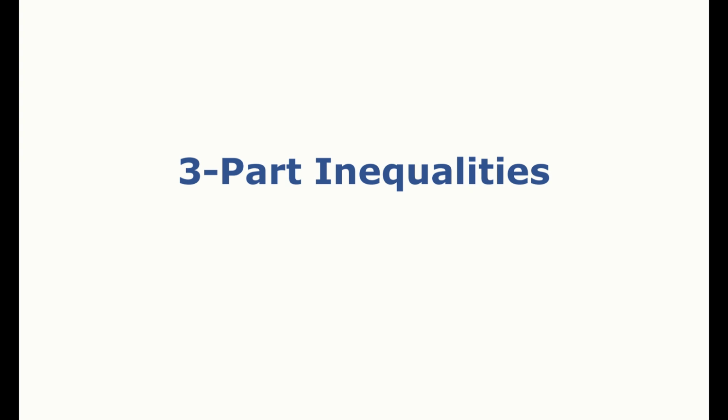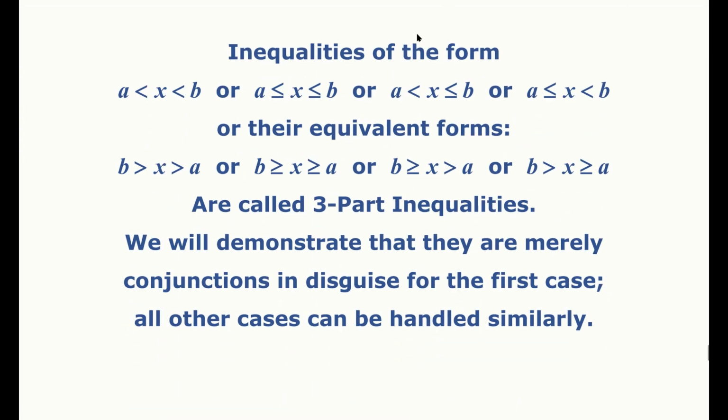The last thing left on our agenda for today is what we refer to as three-part inequalities. Inequalities of any of these 8 forms that we see here, basically x being between two values, are called three-part inequalities because of course they have 1, 2, 3 parts in all of the cases.